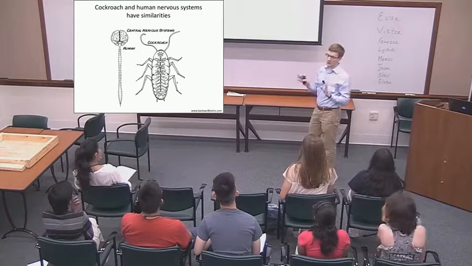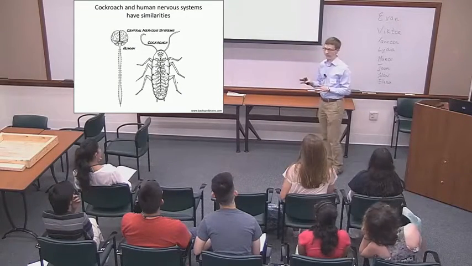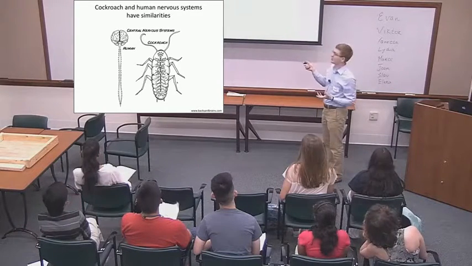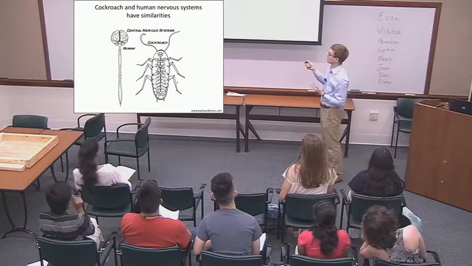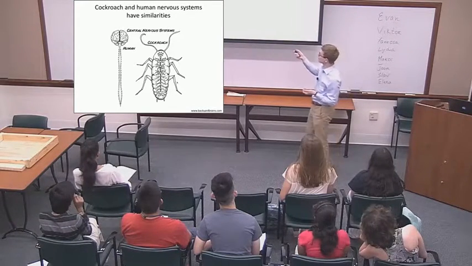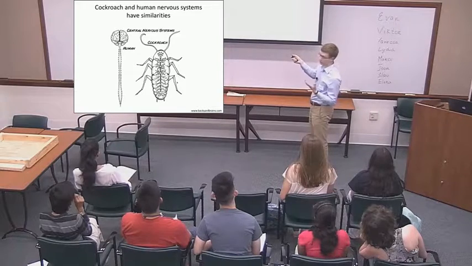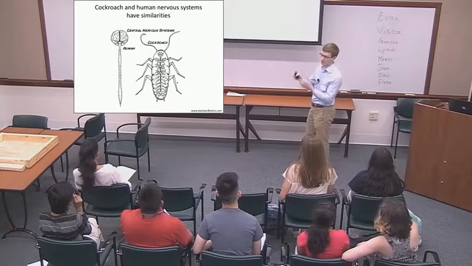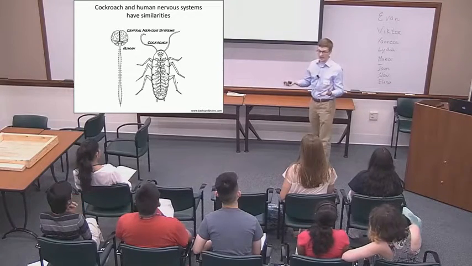We were mostly talking about the human nervous system, but it turns out that the nervous system of cockroaches has a lot of similarities to the human nervous system. While cockroaches don't have brains and spinal cords like humans, they also have neurons along their bodies, which are sort of like a spinal cord, and they also have this big ganglion, a group of cells, which is like a cockroach brain.